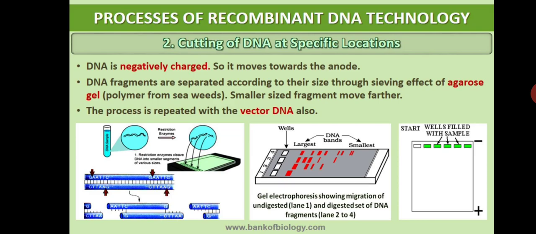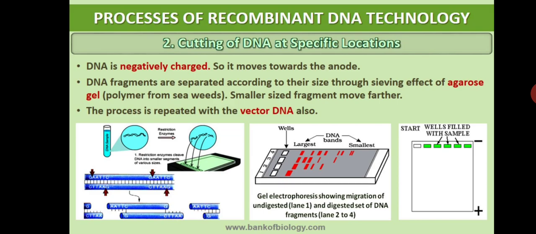Then it is possible to observe the separated DNA bands. And how is it possible to see them with our naked eyes? First you have to put the particular stain called ethidium bromide and expose to UV radiation, then only it is possible to observe the separated DNA fragments.